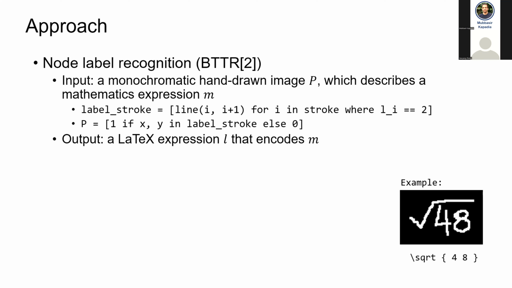The output should be a LaTeX expression that encodes the input image. So the right hand side example shows, we input this monochromatic handwritten image, and the output will be the square root of 48.